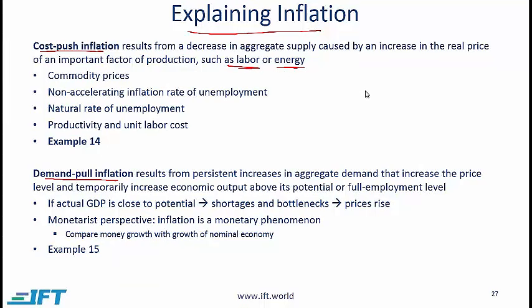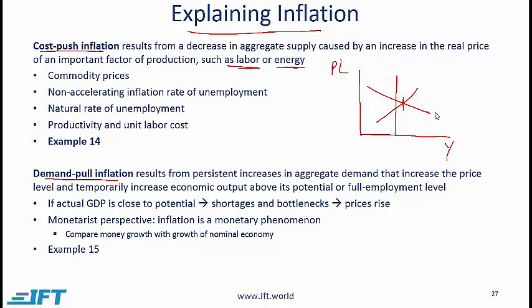Just to connect this with the material we saw in the previous reading, if we look at the aggregate demand, aggregate supply curves, this is our potential GDP. What we are saying is that if initially we are at this point, this is our short-run aggregate supply curve, this is our aggregate demand.